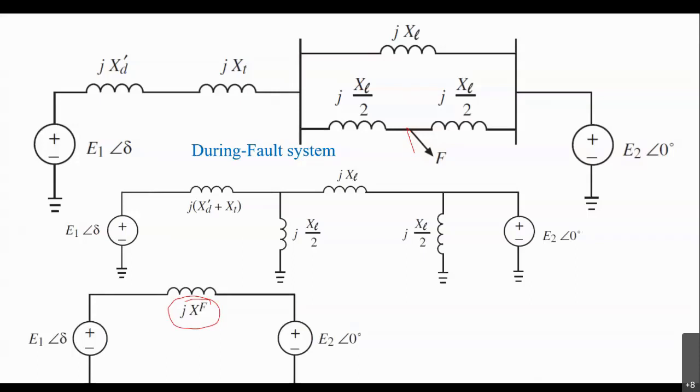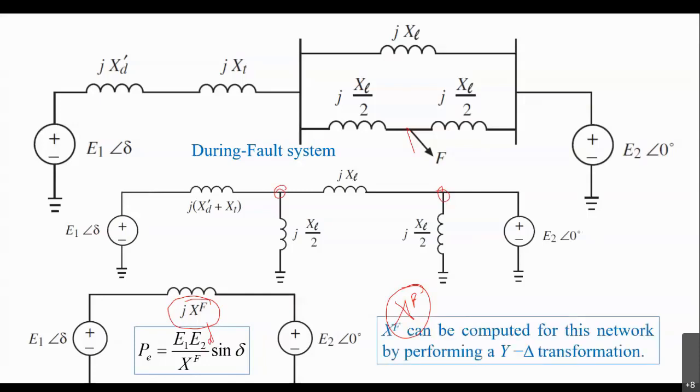To find xF, we can see the star points. If we convert this star equivalent to a delta network, then we can add together the parallel circuits and find the equivalent reactance xF. So the electrical power output during fault will be P = E1 E2 / xF sine delta, and xF can be computed for this network by performing a Y-delta transformation.